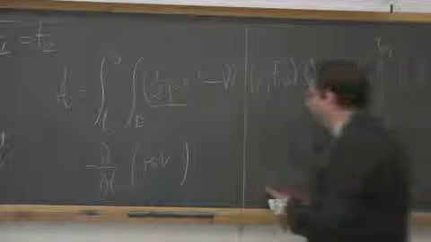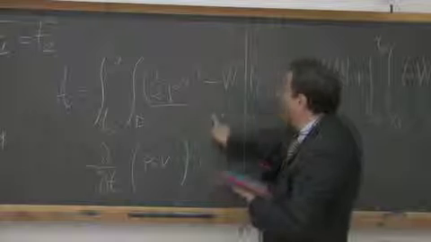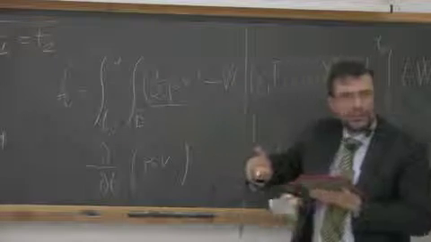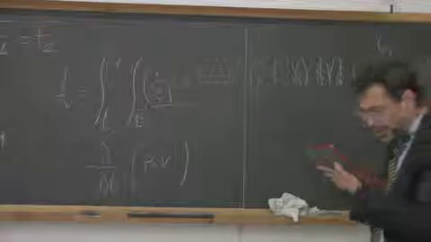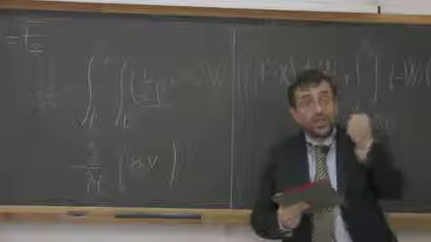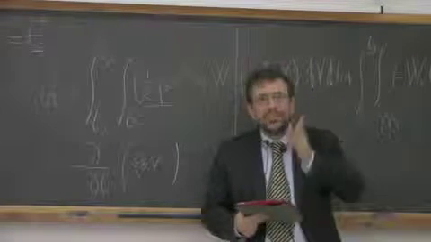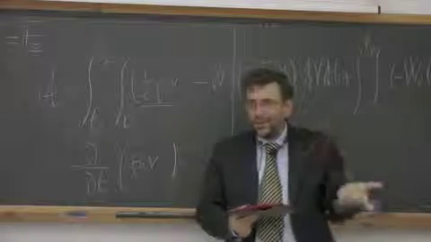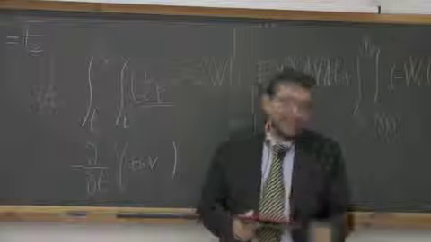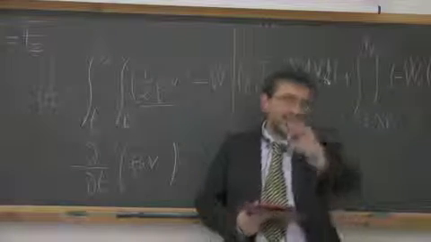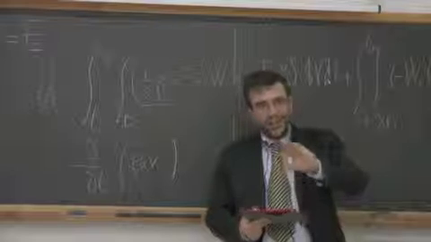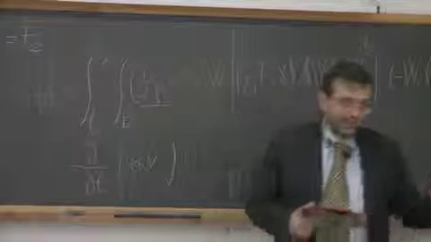Now you have plus because of this animal, because the divergence we have calculated, the inner product was with all plus. So you get a divergence with all plus.